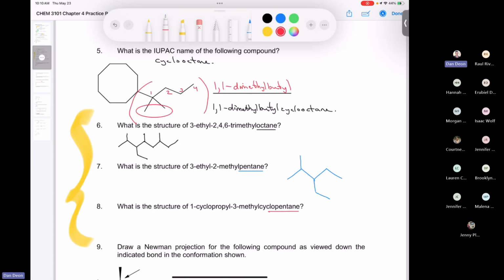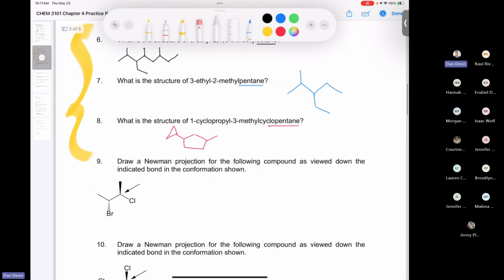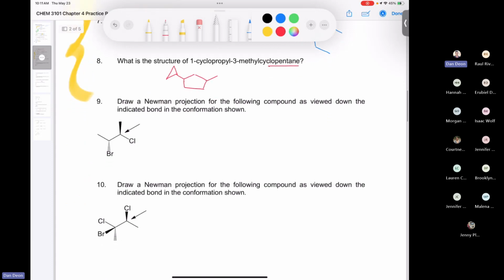So we're going to have a cyclopentane, looks something like this. And on the first carbon, we have a cyclopropyl. That's got 3 carbons in it. And then on the third carbon, we have a methyl group, like that. There you go. So what is it? 1-cyclopropyl 3-methyl-cyclopentane. Good. Okay, so now that we got that, let's tackle some Newman projections.